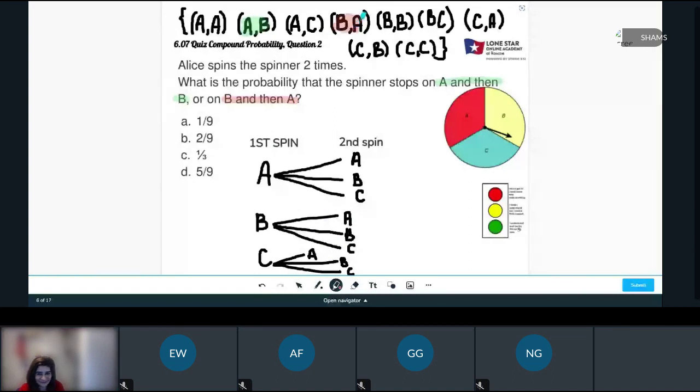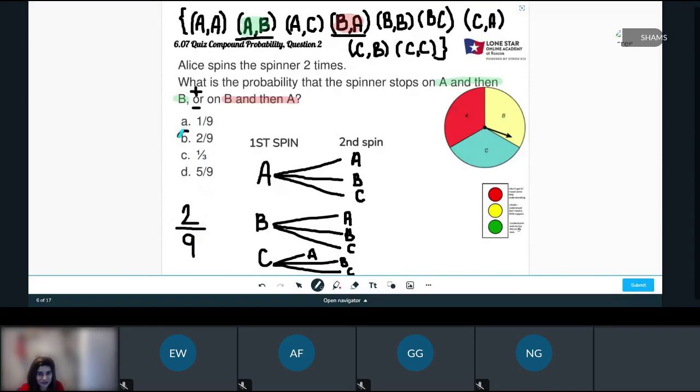And what do we have to do to the two? We have to add. Or means adding. So there are altogether two favorable outcomes, A and then a B, B and then an A. There are two outcomes out of a total of 9 possible outcomes. Does that make sense?